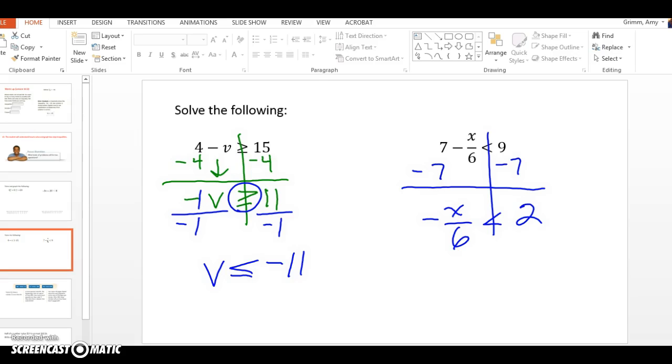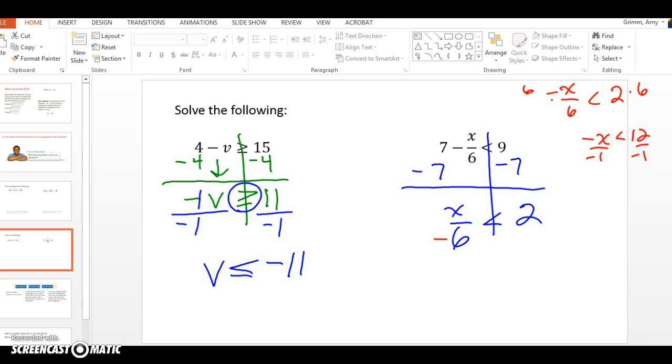Here's what I would do. I would move it to where it's with the 6, because then you can just multiply both sides by negative 6. If you leave it with the x, then what's going to happen? Let's say I left it with the x. It's one more step, because I have to multiply, then I have this, then I have to go in and do this.